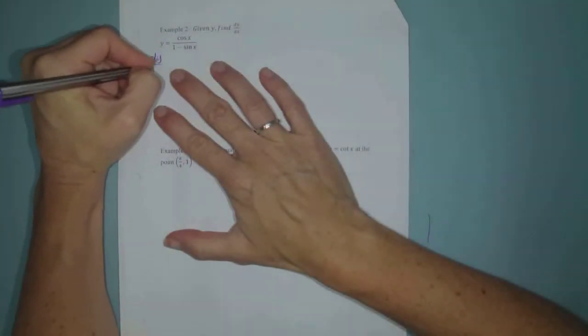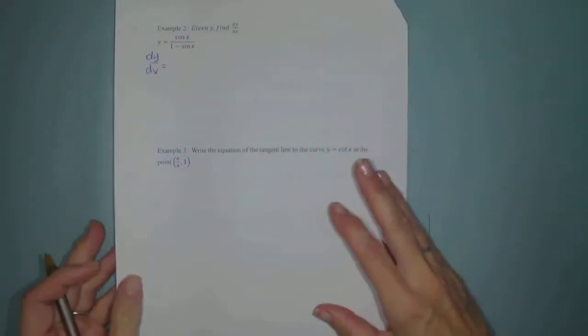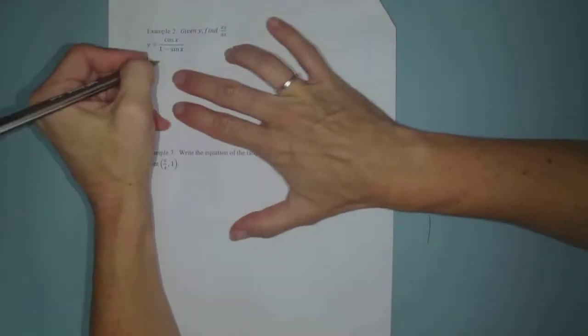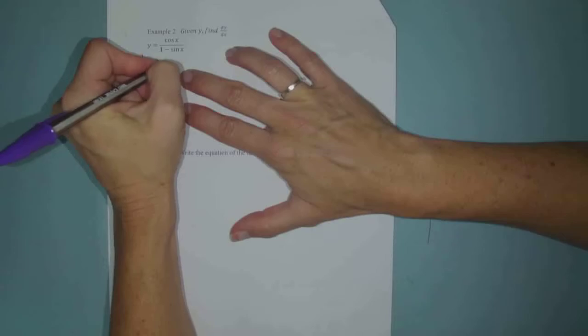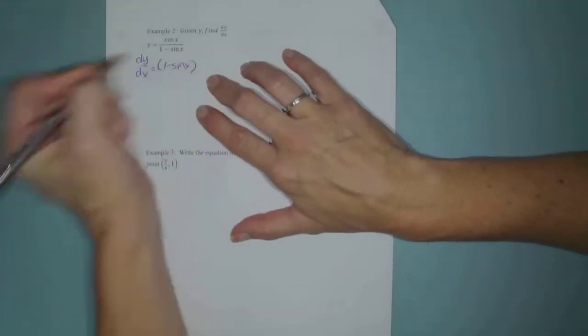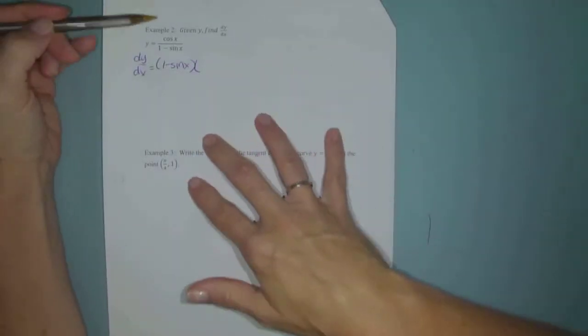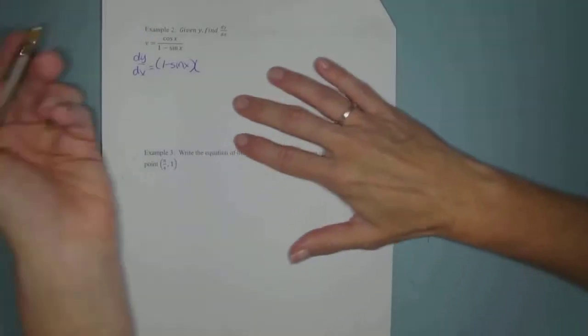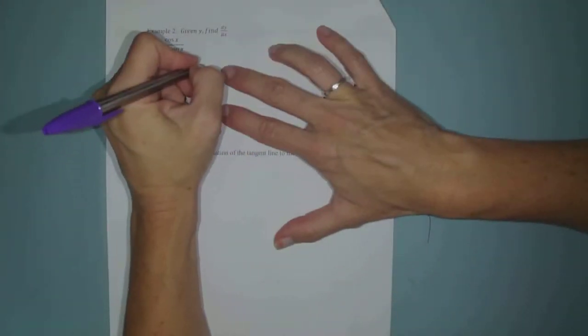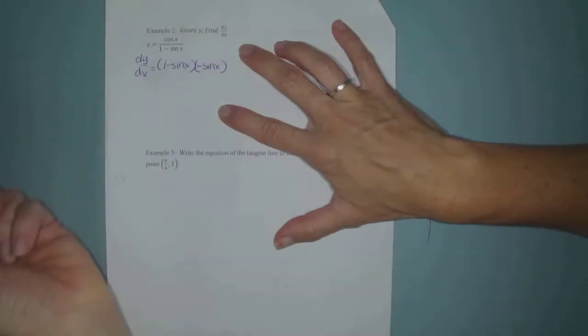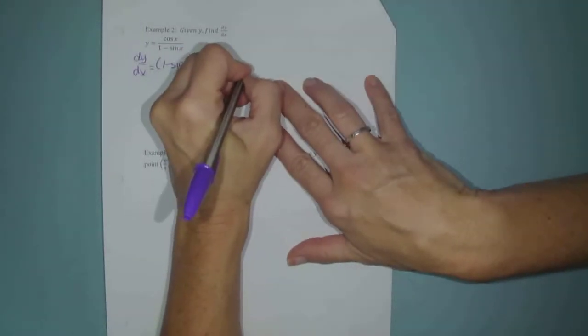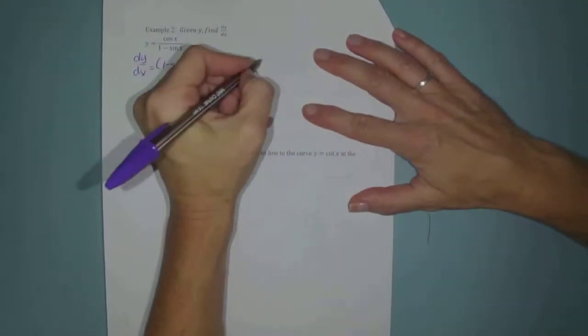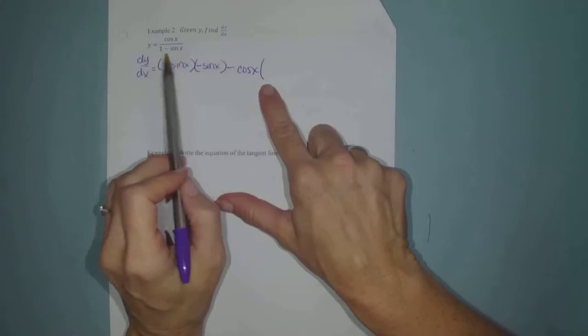dy/dx equals. Okay, the quotient rule says you take the denominator, so 1 minus the sine of x, times the derivative of the numerator. The derivative of cosine x is negative sine x. Minus the numerator times the derivative of the denominator.